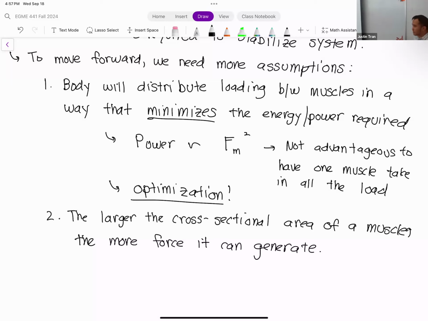So basically, the bigger the muscle is, the more force it can generate. It's almost like your eye test, right?